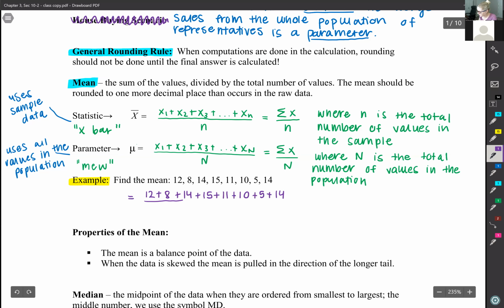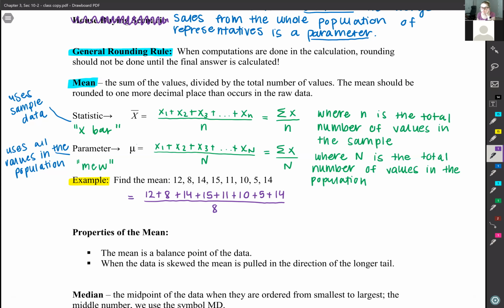And then we just need to divide by the number of values there are. So does anyone want to tell me how many values I have here? So what should go in the denominator? 7. Close, but it's 8. So really close, just off by 1. But this one is going to be 8. So I saw an 8 in the chat.